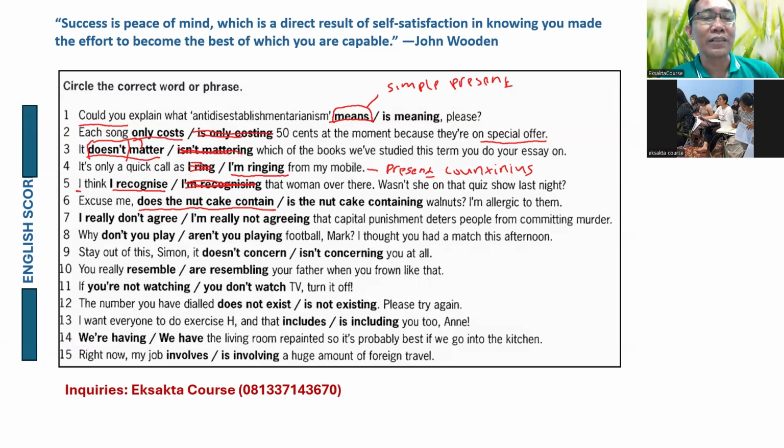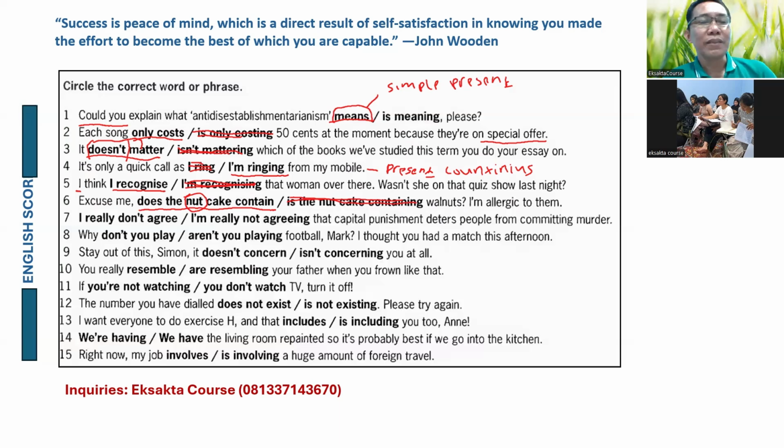So the answer is does. Use does because it is an interrogative sentence. Because we use does, even though the subject is not it, the verb "contain" is without s, because there is does already.